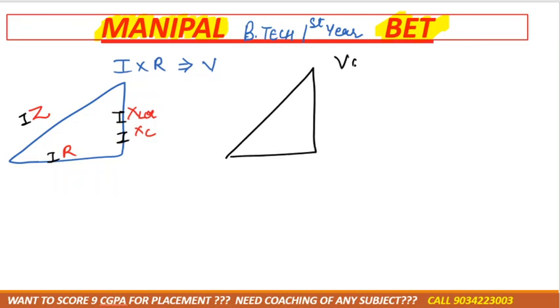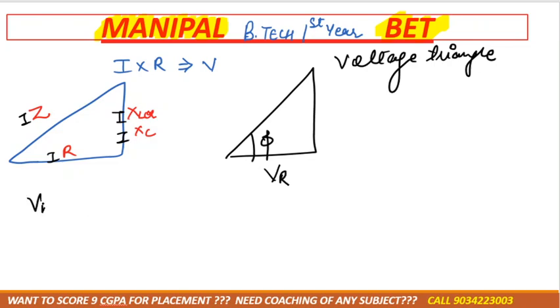Yes or no? So the voltage triangle has the angle phi. It is VR. VR is what? VR is the voltage drop across R, right? So I'm writing this: voltage across R is VR, and that is I into R.